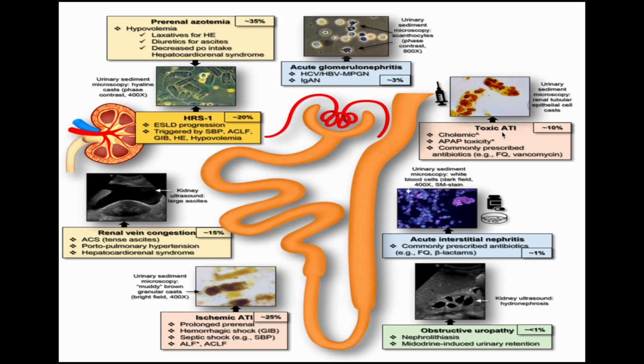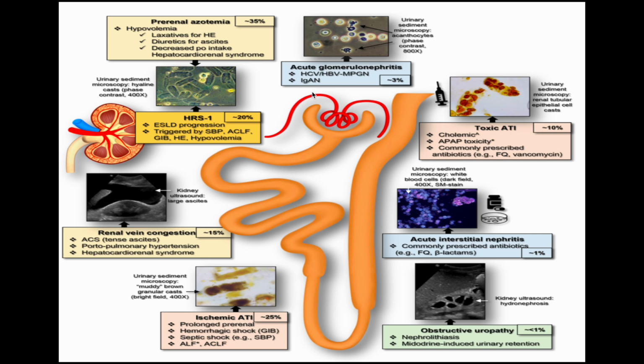Next, you have toxic acute tubular injury, which is seen in cases like antibiotics, acetaminophen, cholemic nephropathy. Cholemic means because of bile acids and bilirubin, and this accounts for around 10%. Here again, you need to look at the sediments. You will have renal tubular epithelial cell casts. This is a sign of toxic acute tubular injury.